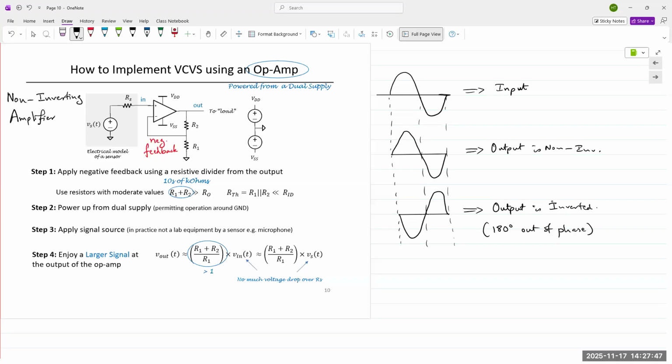Just to give you a real life example, an inverting amplifier, or a 180 degree out of phase signal, is used for noise cancellation. When you take an AC signal and add it to its inverted counterpart, the resulting sum is equal to 0.